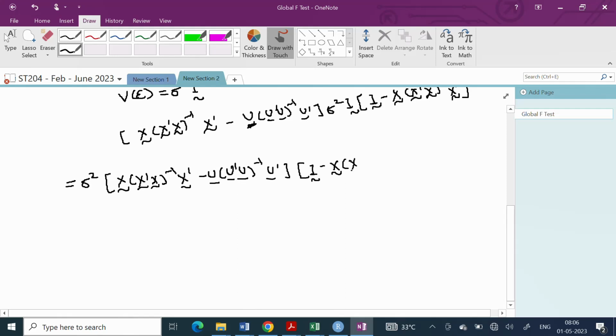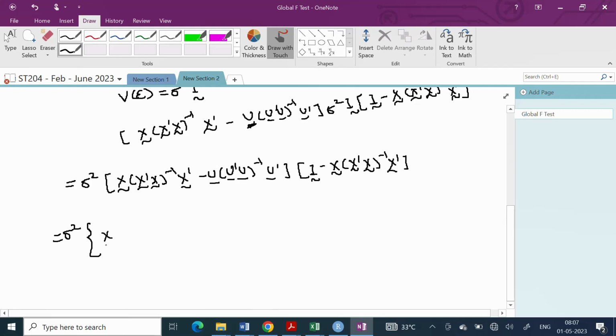So if this product is 0, then we get something. So let me consider the product. This will be equal to sigma square outside.